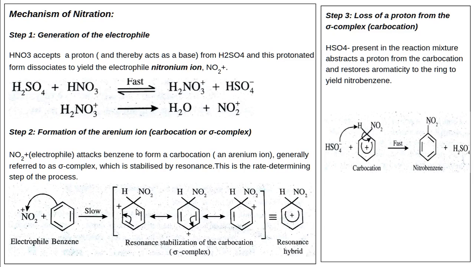It is also known as a sigma complex because of the formation of a sigma bond between the nitro group and the carbon atom. These are the resonance stabilized structures for the carbocation. This is the resonance hybrid, the general way of representing these resonance structures. The positive charge is delocalized on these carbons.